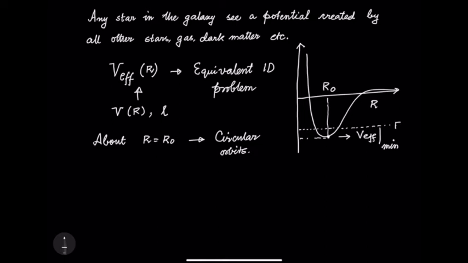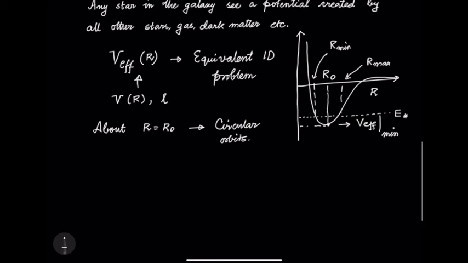For that, the energy of the star has to be here, and that corresponds to one R minimum and one R maximum, right? Remember that the star can never go outside R minimum and R maximum. It will always stay in that annulus region.